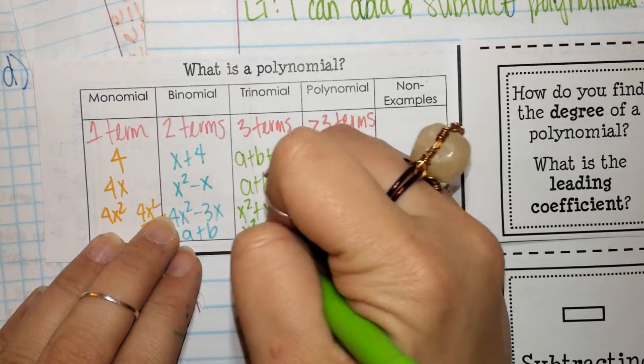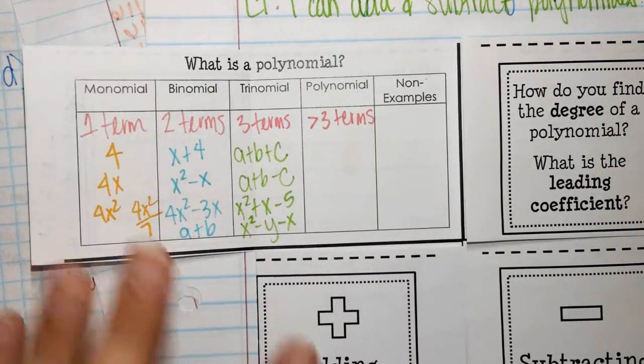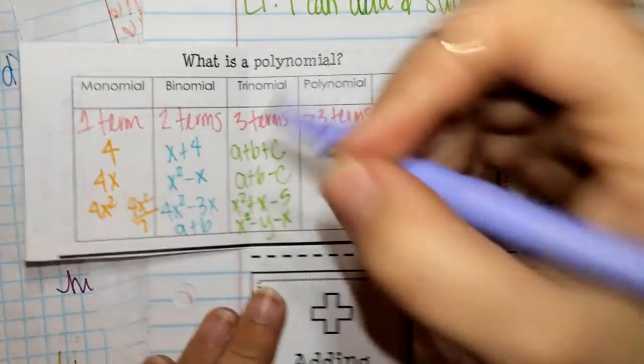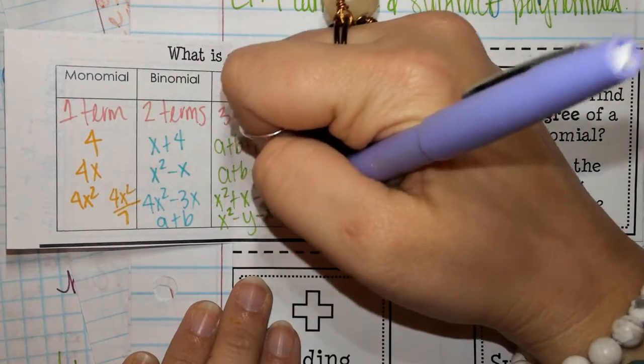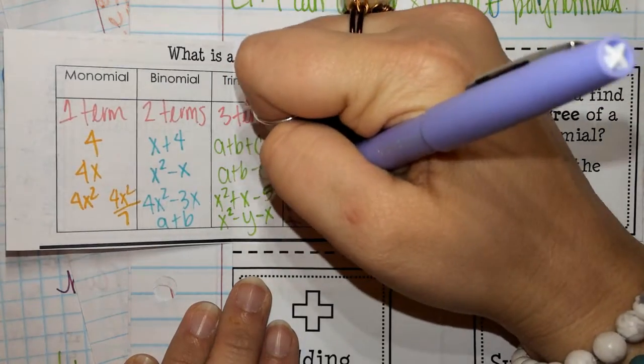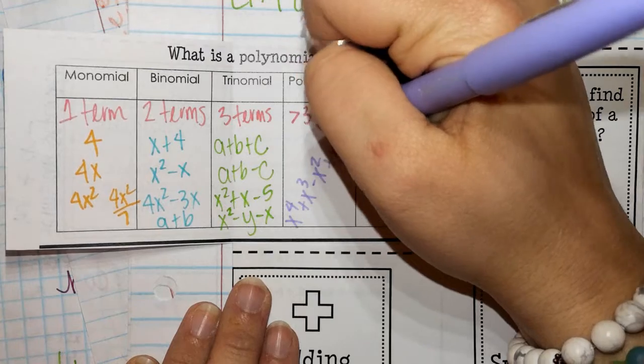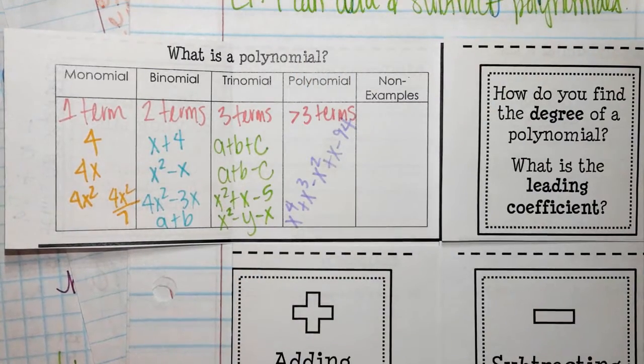So like x squared minus y minus x, that could be 1, 2, 3 different terms. Now, a polynomial is greater than 3 terms. So we could say x to the 4th plus x cubed minus x squared plus x minus 94. That's a polynomial.